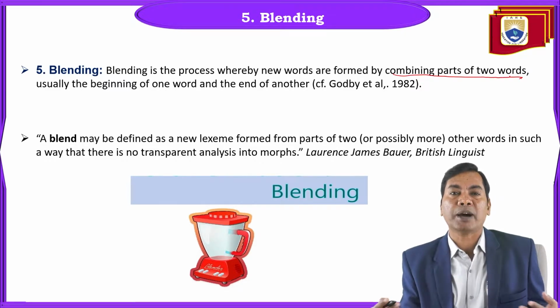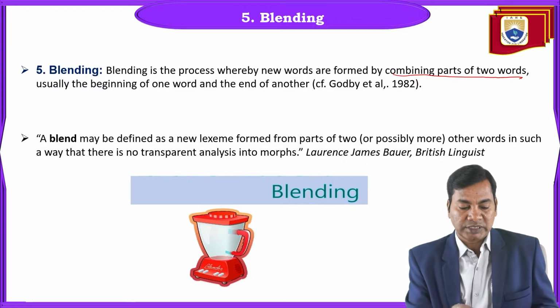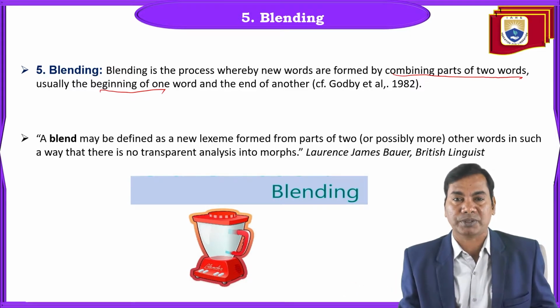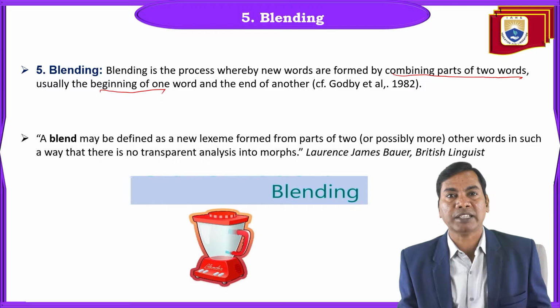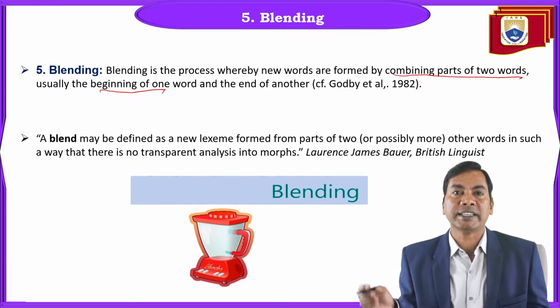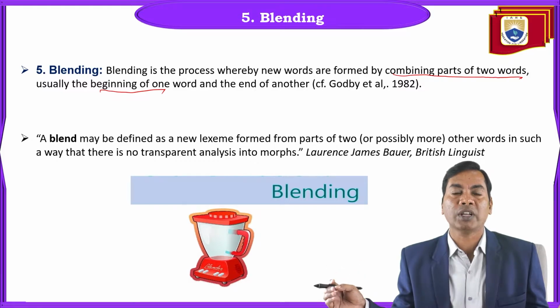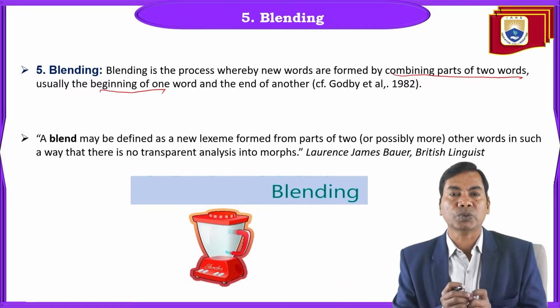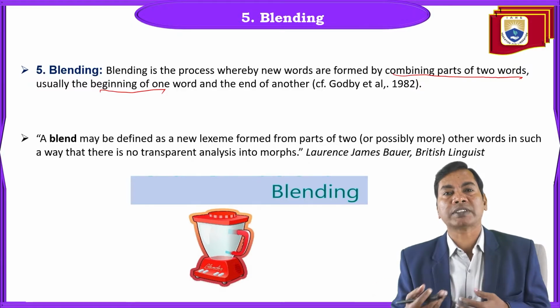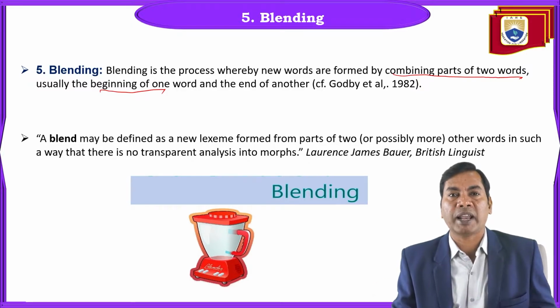Then how do we combine them? Usually the beginning of one word will be joined with the end of the other word. Vice versa, sometimes we take the beginning of a particular word and the ending of another word, and we join these two to create a new word. This process is called blending.